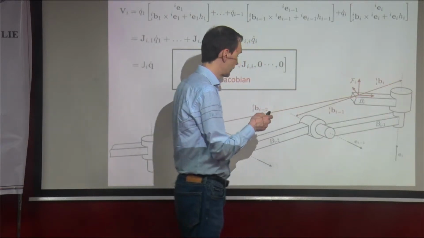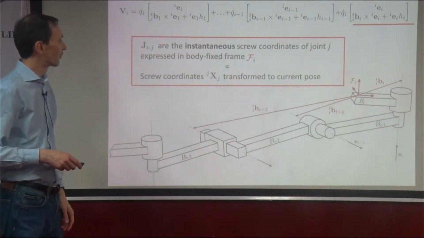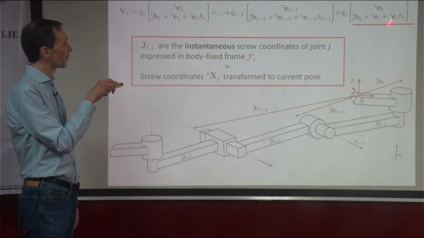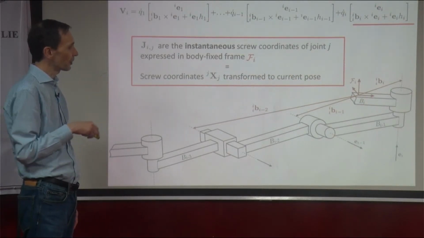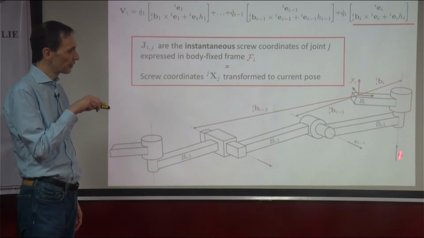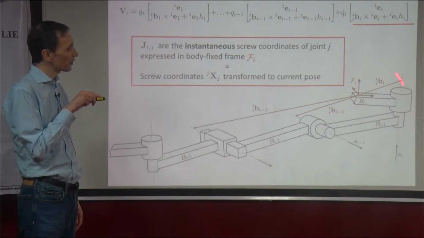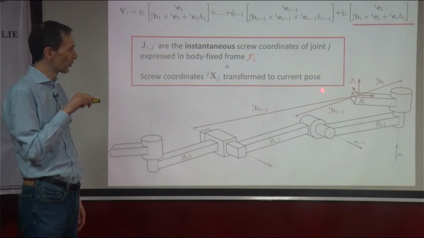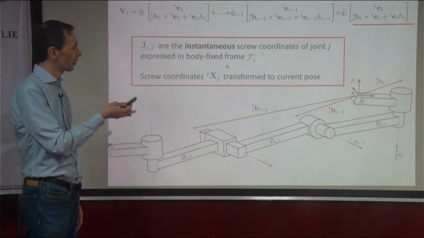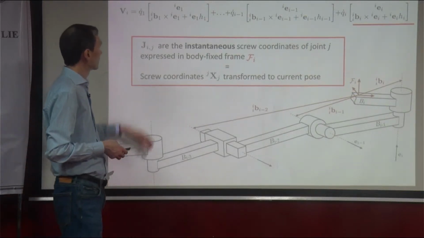That's why they are the screw coordinates. In particular, this one, for example, is the screw coordinate of this screw motion according to the joint I, expressed in the frame Fi. And the same is true of these. But they're instantaneous because they are changing. I'm repeating myself, I know, but that's the way it is.